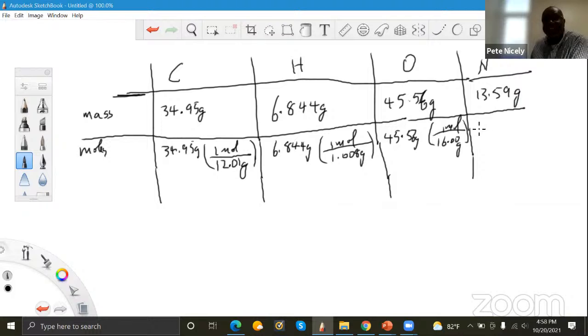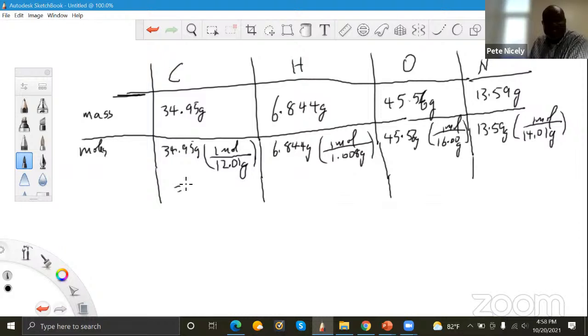And then in the case of nitrogen, it is 13.59 grams multiplied by 1 mole over the molar mass, which I think is 14.01. Let me just do a quick check just to make sure. Nitrogen is 14.01, yes. So 14.01 grams, all right?